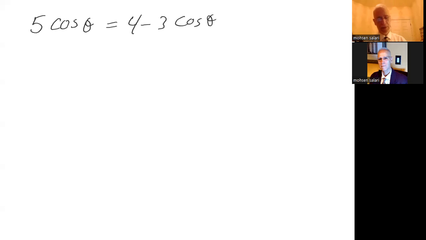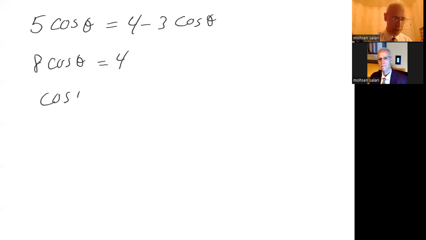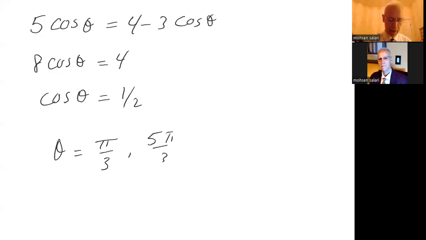If I set 5 cosine of theta equal to 4 minus 3 cosine of theta, I can claim that 8 cosine of theta equals 4, cosine of theta equals 1/2, and theta equals pi over 3 and negative pi over 3, or 5 pi over 3.